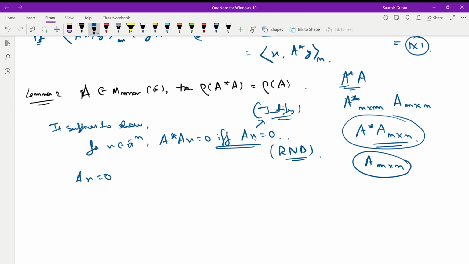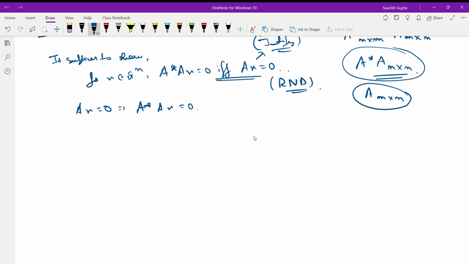Now clearly, if Ax equals 0, then that immediately means A star Ax equals 0. What happens conversely? Let A star Ax be 0. Then the inner product of A star Ax with x is 0. But the inner product of A star Ax with x, I can write as the inner product of Ax with Ax.